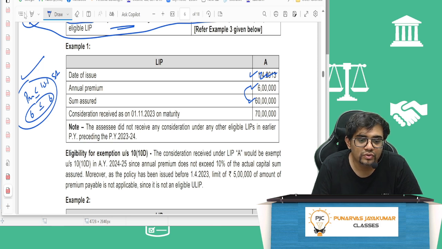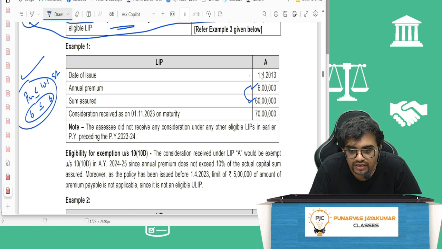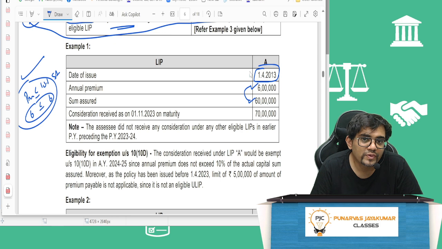But I told you that the 5 lakh premium limit I should see only and only if the policy was issued after 1/4/23. In this example, the policy was issued on 1/4/2013. So that 5 lakh concept will never come.